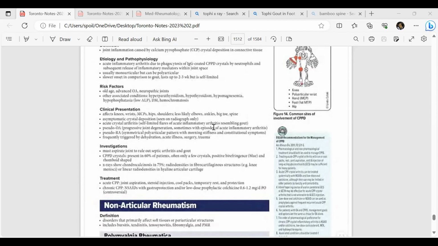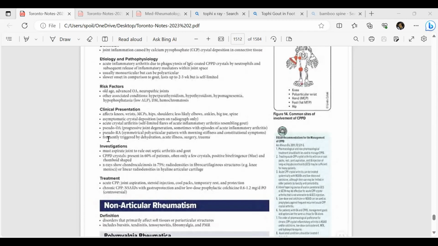In gout, we have flares and we give colchicine and NSAIDs, but here the flares are self-limited and resemble gout. That is acute crystal arthritis. And pseudo-osteoarthritis, because it also involves the knee and the larger joints, with progressive joint degeneration, sometimes with episodes of acute inflammatory arthritis.